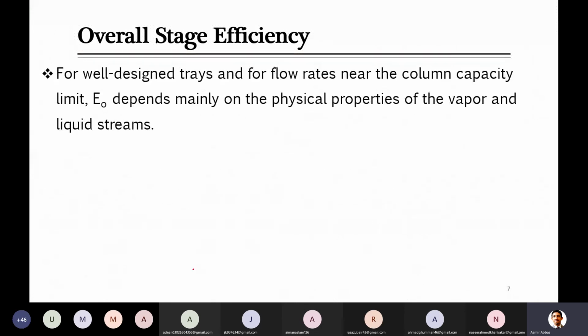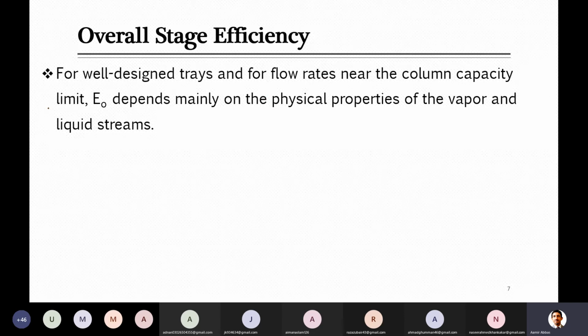So overall, after observing a number of things, if we design our trays in a well structured way and it is a well designed tray, and the flow rates, which will be discussed I think in the next section 6.6, that is, how much the flow rate to the column should be, are near the column capacity limit.